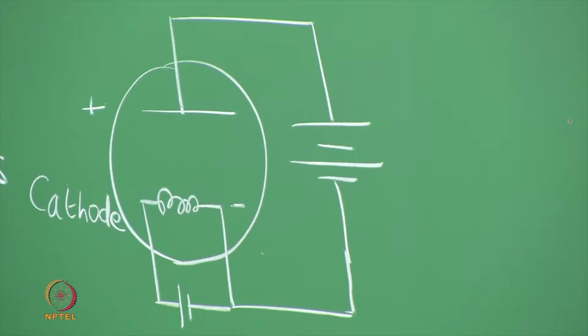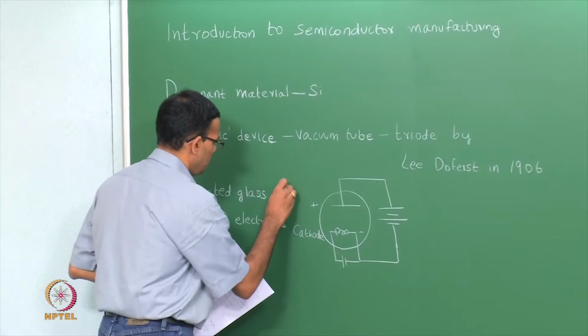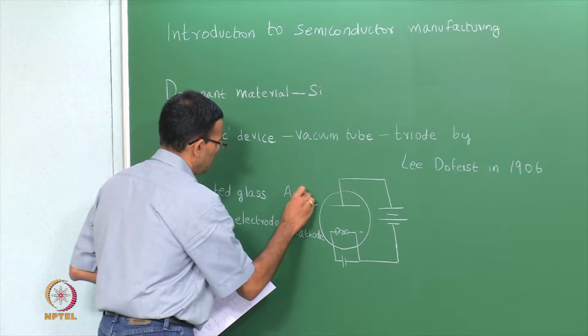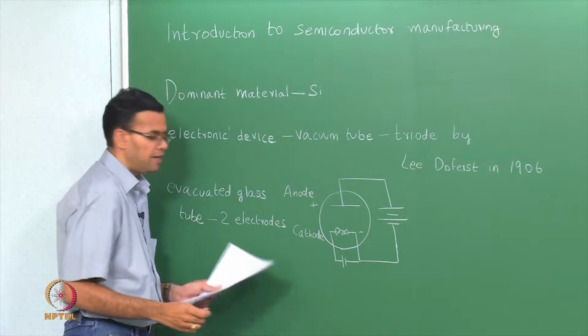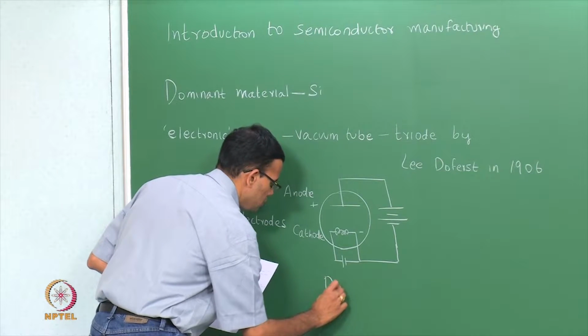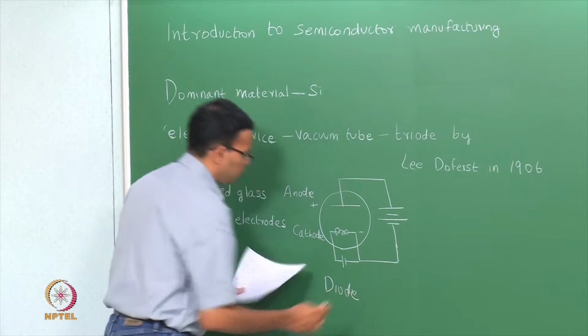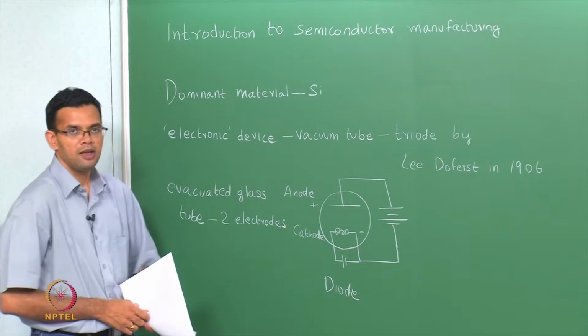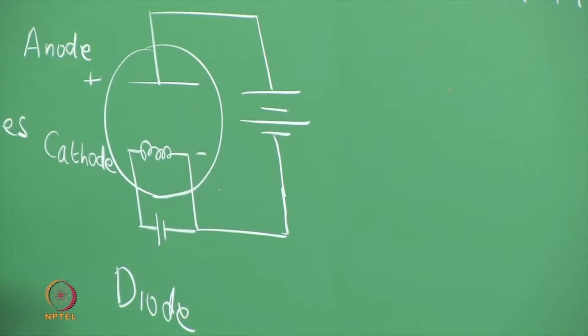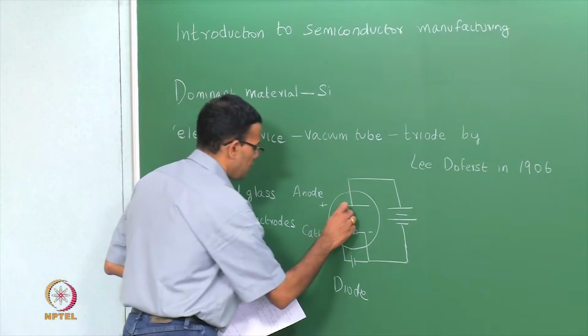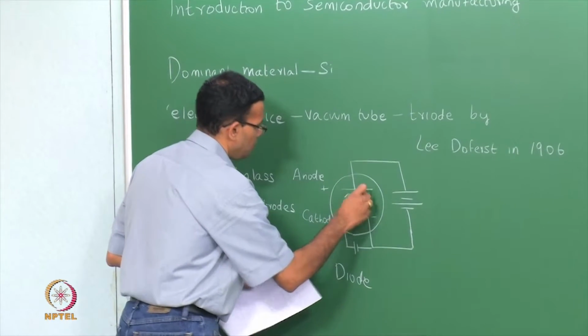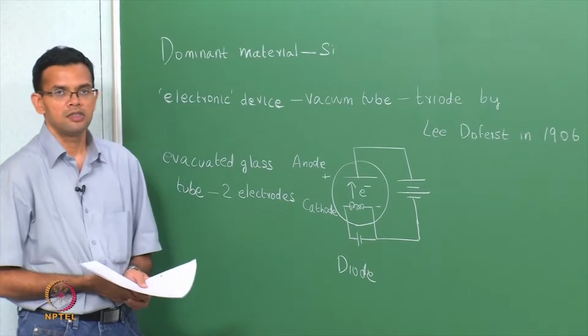This type of device configuration where you have two electrodes, the cathode and the anode, is called a diode. Typically the cathode material is heated, so it is thermionic emission. Electrons are generated and these electrons are accelerated towards the anode, and that gives you the current.